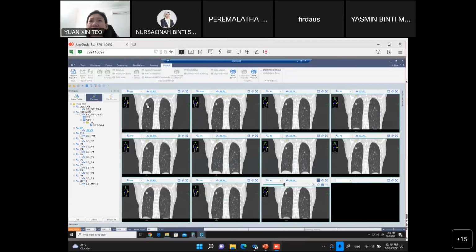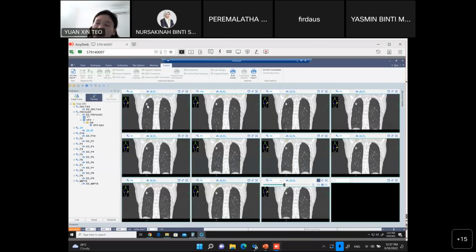As you know, lung is a motion organ. So when we breathe in or breathe out, our lung will expand. So how can we handle the situation where the lung tumor is actually moving during the treatment? It's not a solid, stable tumor.